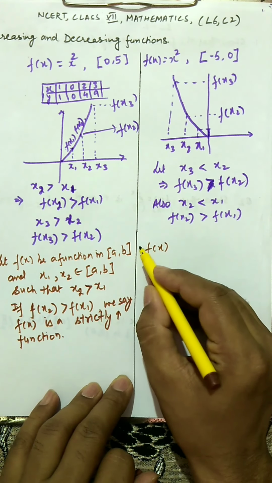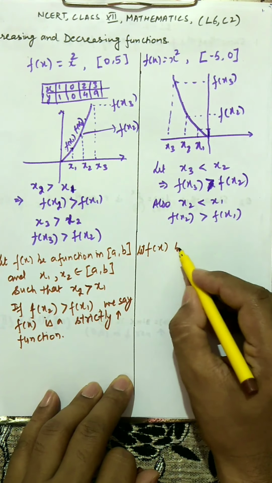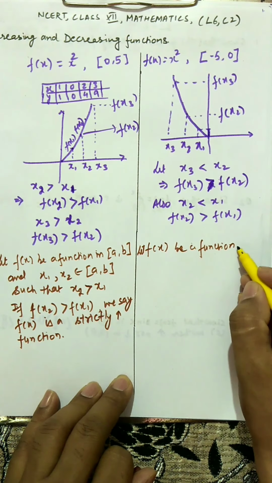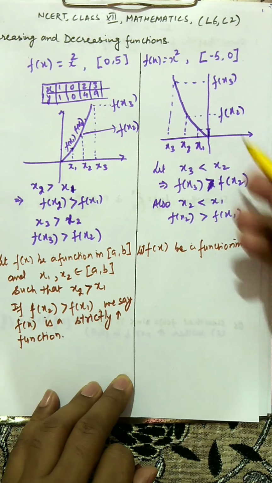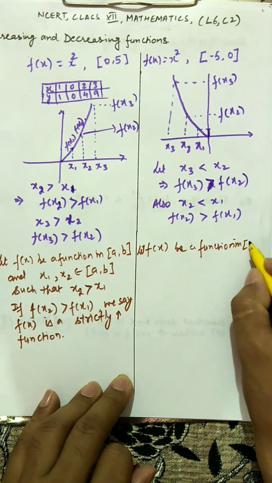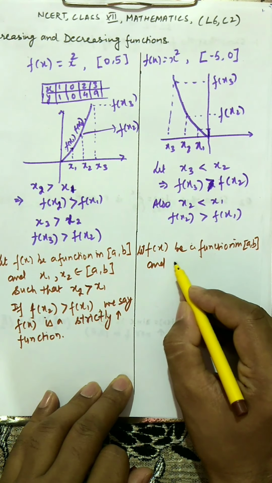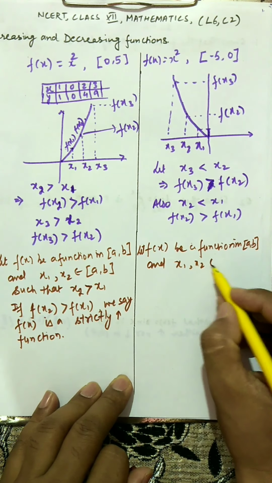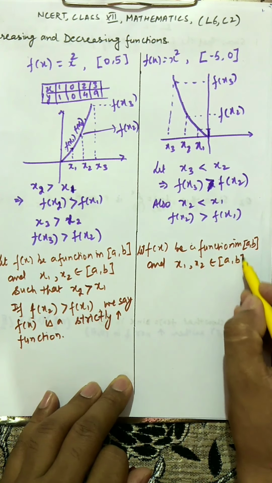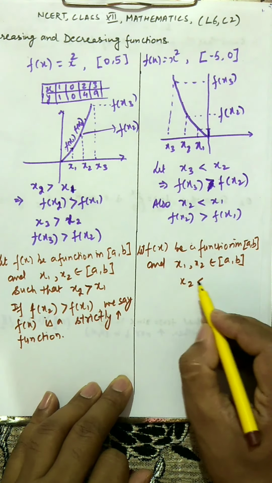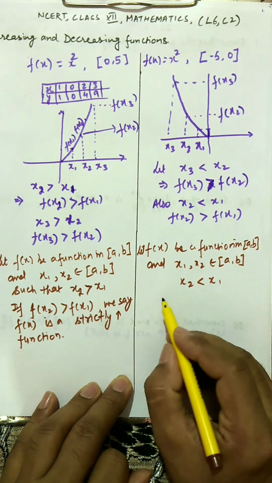Let f(x) be a function in, you can say again a closed interval, so we can say any interval [a, b], and x1, x2 belong to [a, b] such that x2 is less than x1.